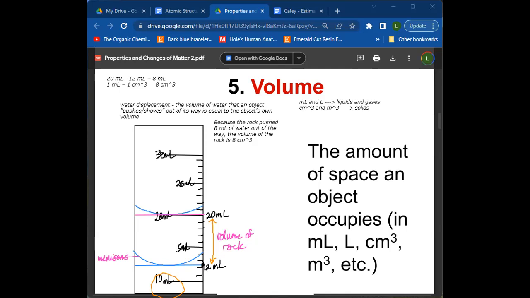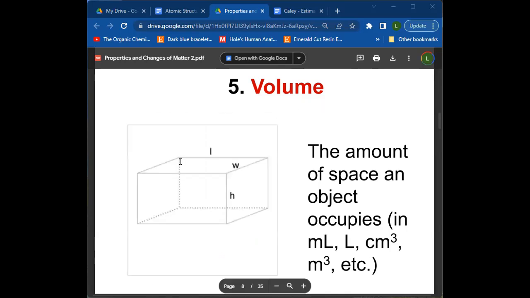Okay. And then let's take a look. Volume is also still a physical property.